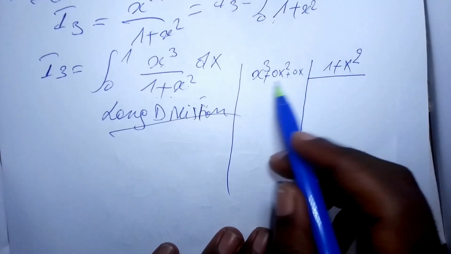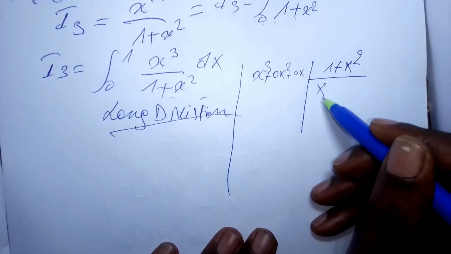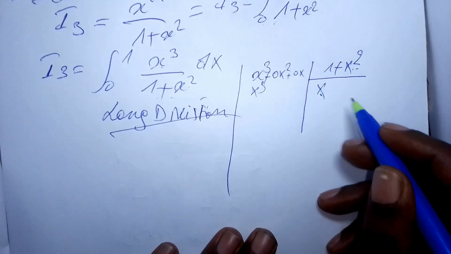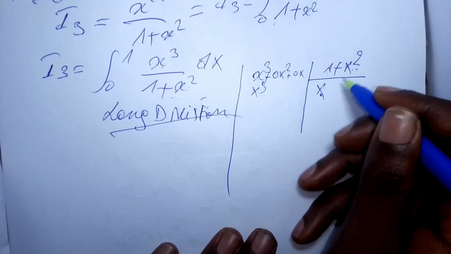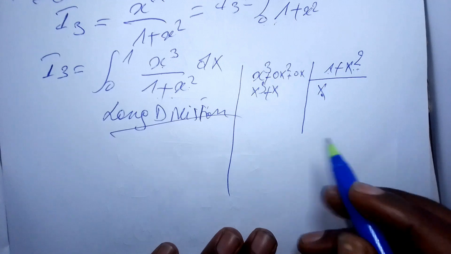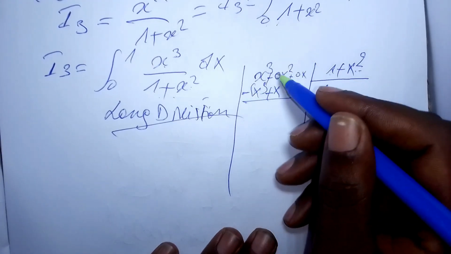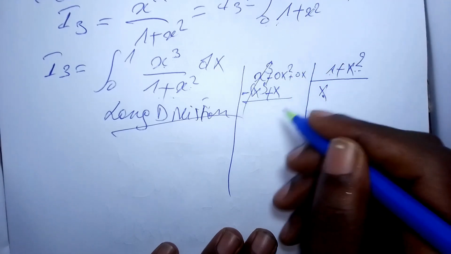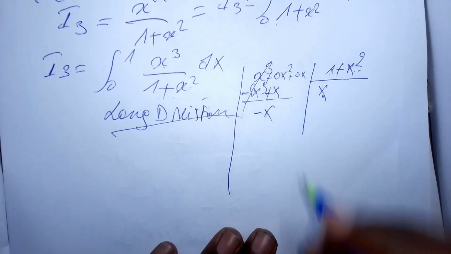We put x in order to multiply. Here we have x cubed, x times 1 gives us x, so we write plus x. We multiply by negative, so these cancel each other and we remain with negative x.